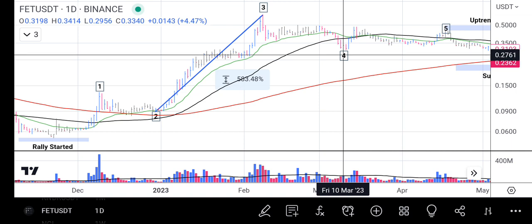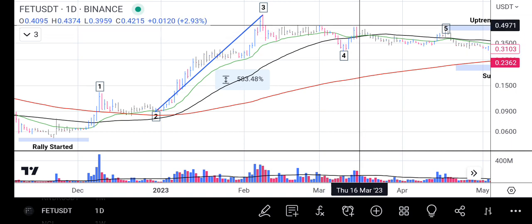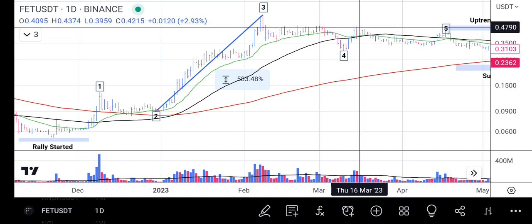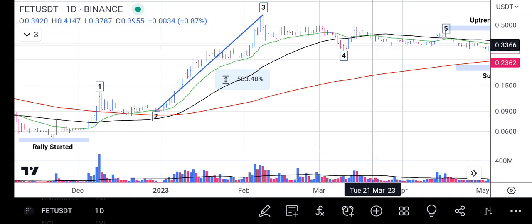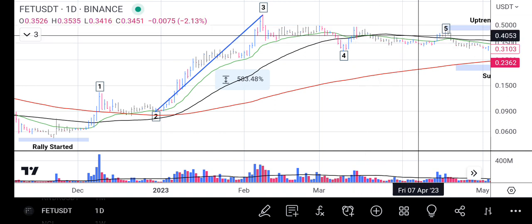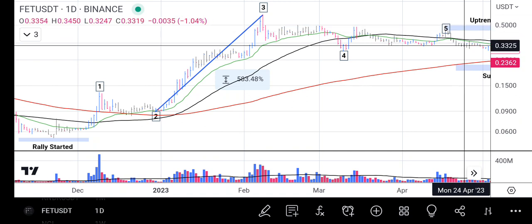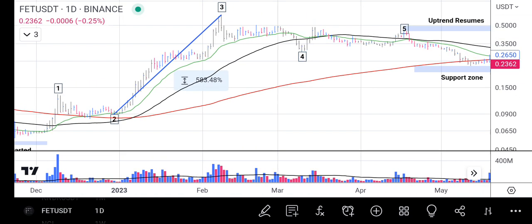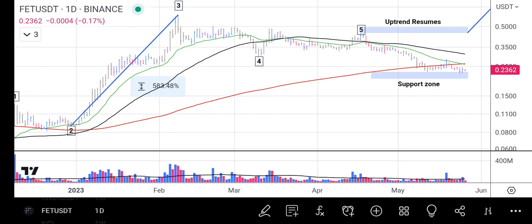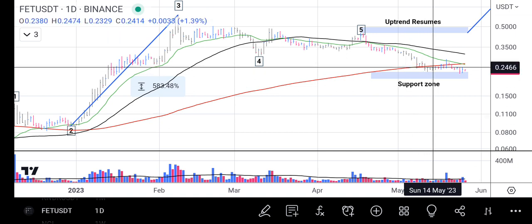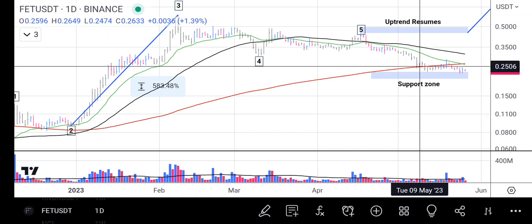When it dropped back to point 4, it got a little rally boost above the 50-day average line. It couldn't progress. It's now trading around, even underneath, the 50-day average line. It rose above it a little bit at 0.5, and finally dropped below it, and has now come back to our support zone, the 200-day average line, and it's testing it at the moment.